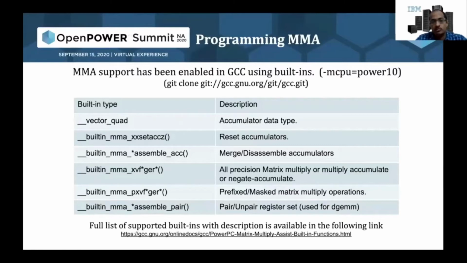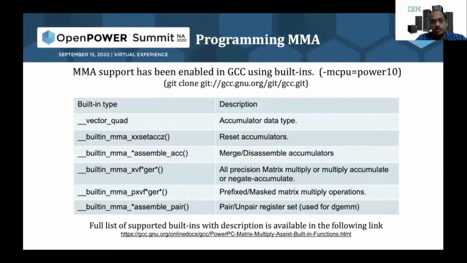All sets of GER instructions, that is matrix multiply instructions, are covered to perform just multiply, or multiply accumulate, or multiply negate and accumulate, with various suffixes. These combinations are useful in computing complex and real-time data types.